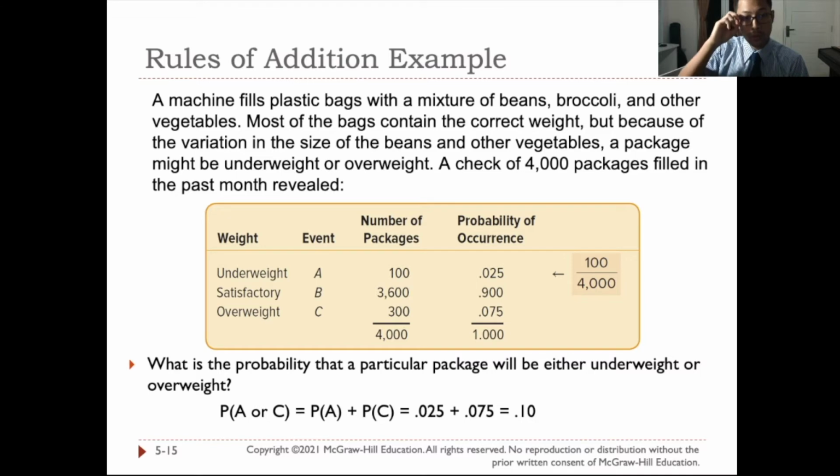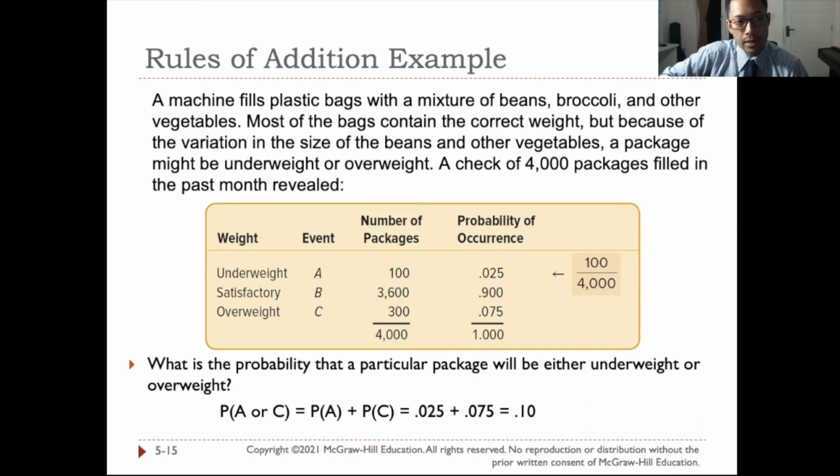Okay, so this is an example. A machine fills plastic bags with a mixture of beans, broccoli, and other vegetables. Most of the bags contain the correct weight. But because of the variation in the size of the beans and other vegetables, a package might be underweight or overweight. So a check of the 4,000 packages filled in the past month revealed that there are three possible outcomes or three possible events.